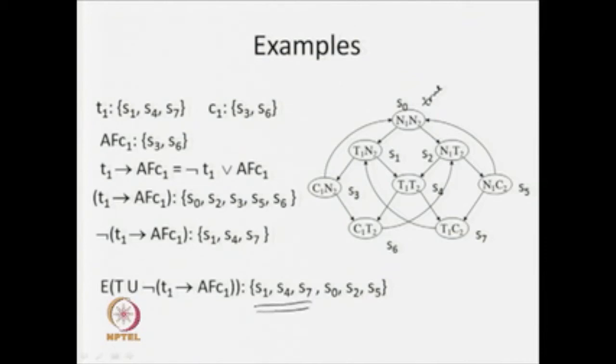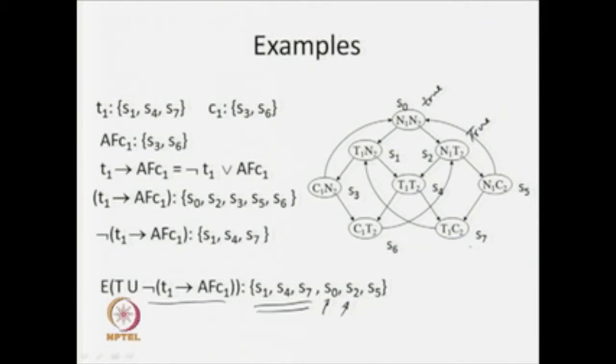So, now we include S0 in the set. It does not have any other predecessor, so we go to S4. From S4 again we see what the predecessors are. It has one predecessor, which is also labeled with true, and one of its successors is labeled with this subformula. So, S2 will also come into this set. Similarly, it does not have any other predecessor, so we go to S7.